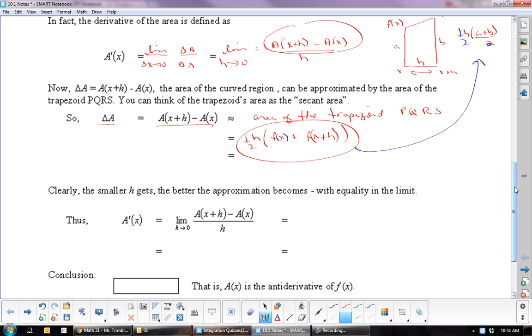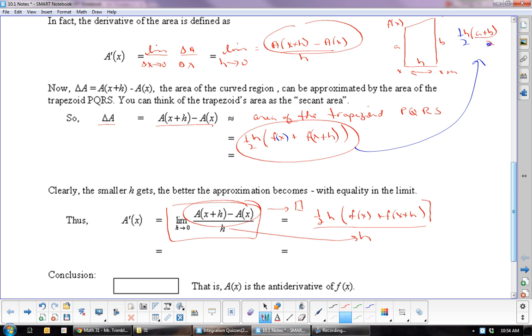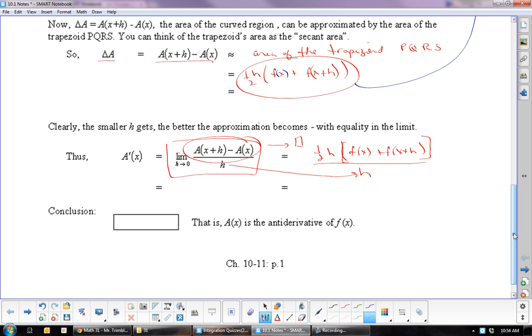So I'm going to replace it with the area of the trapezoid formula, which is 1/2 h times f of x plus f of x plus h, and that's all over this h that was right there. You can see right away now the h's cancel.